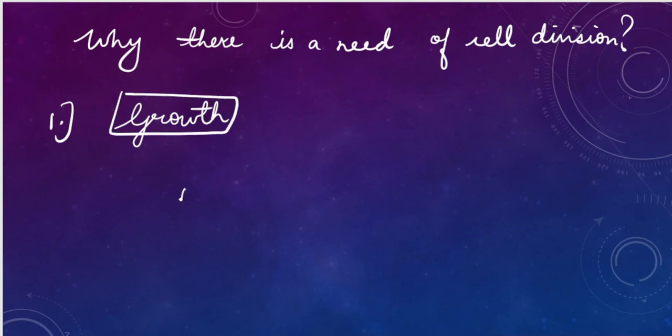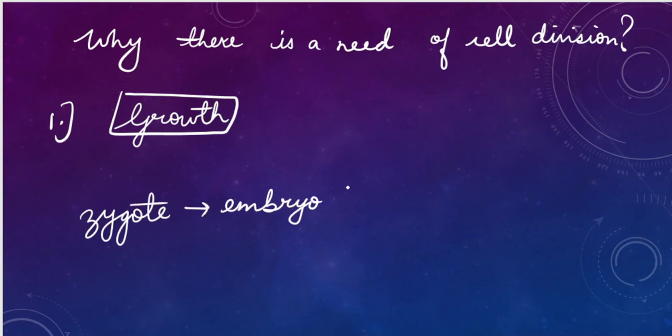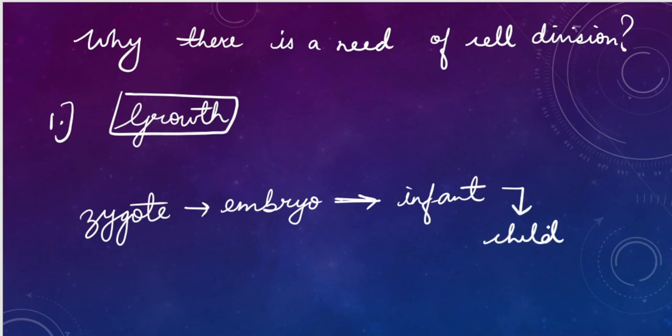Growth means that when we were zygote, from zygote we became embryo, then from embryo we became an infant after delivery, and then after infant we became a child, then a little bit more elder, we grow up, then we became an adult.